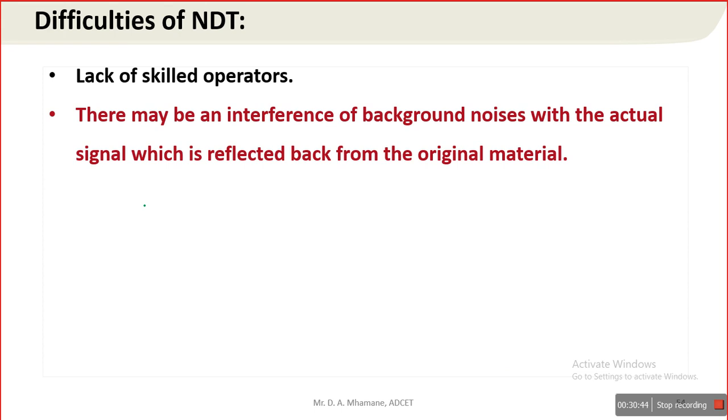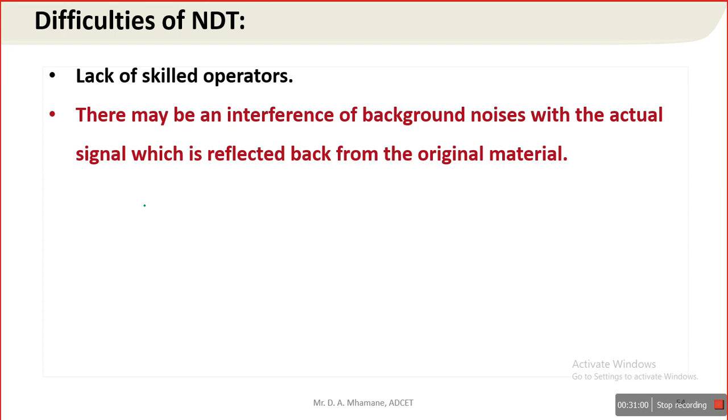Next, there may be interference of background noise with the actual signal which is reflected back from the original material. As far as the ultrasonic technique is concerned, it is related to sound.